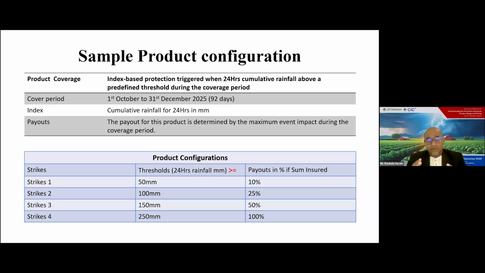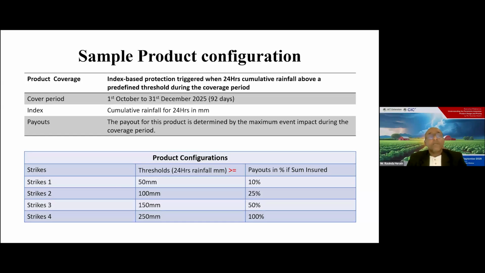Also based on the risk, the cover period may differ, because for the same crop, in the first stage maybe cover for drought is required, and at the end of the cropping cycle there should be a high rainfall risk. So in the same crop there are many indexes, many perils to be included as products, right?